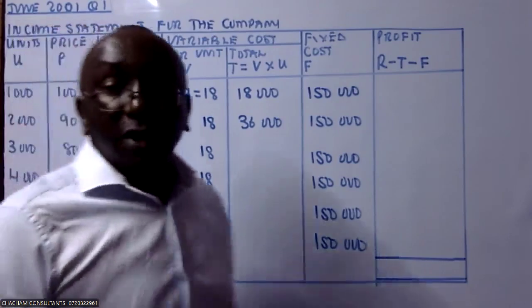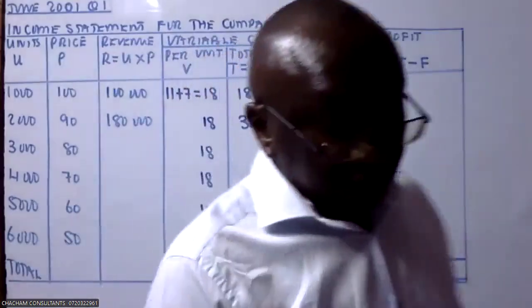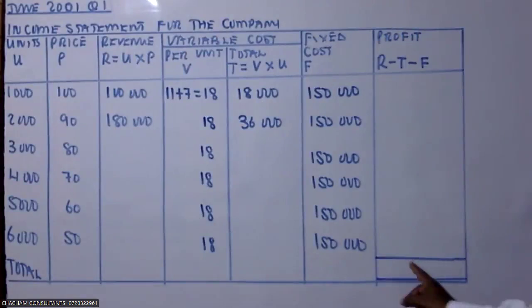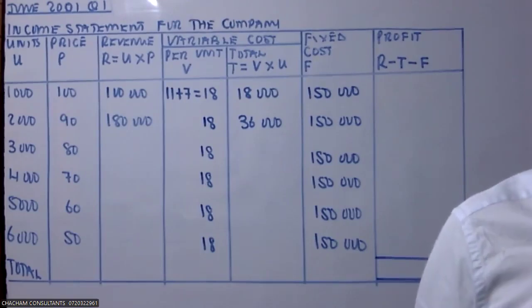So once you get the total here, you will also find that they agree. The total profits of the two departments should agree with the total of the company. So if you have any query, you can raise it.